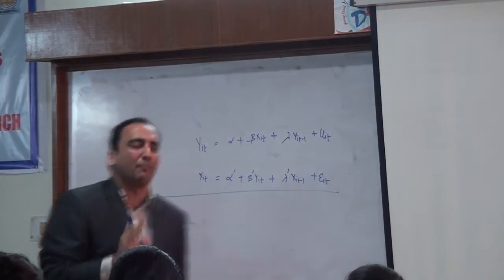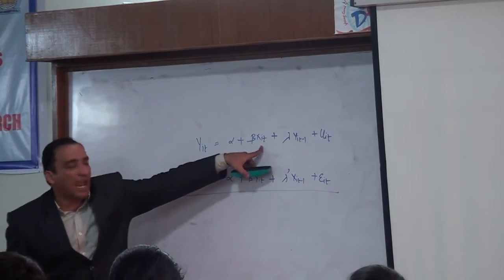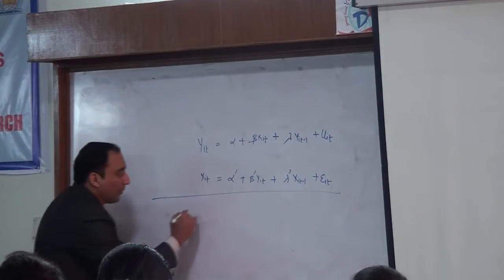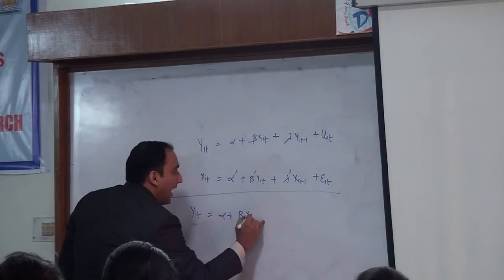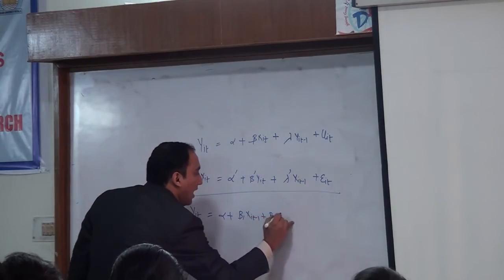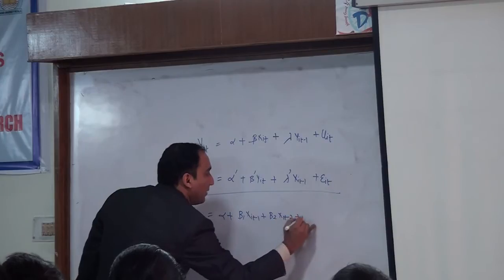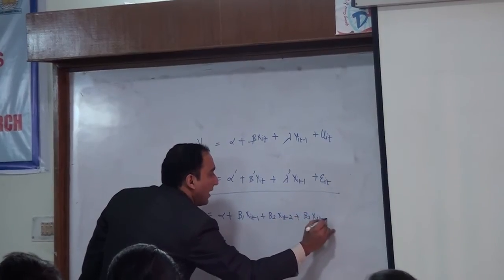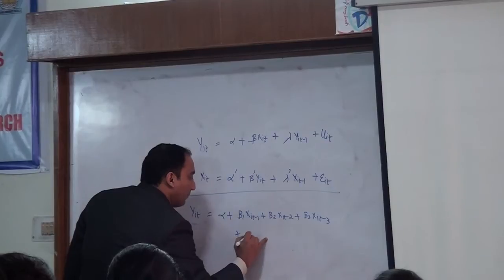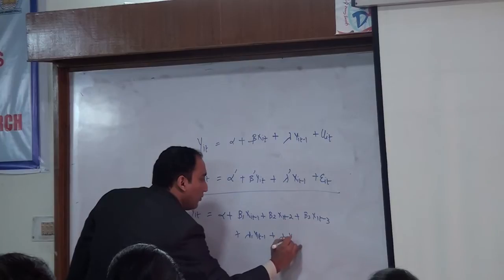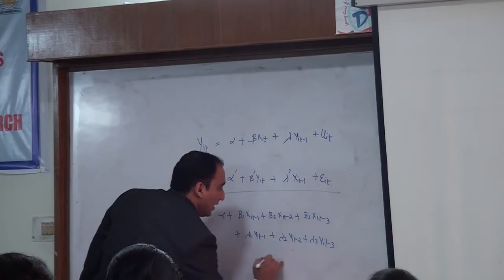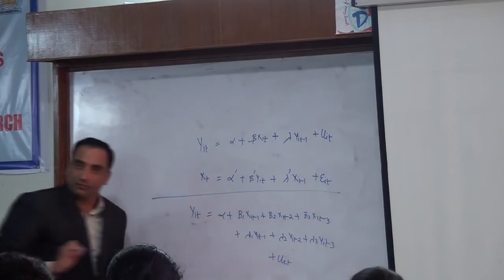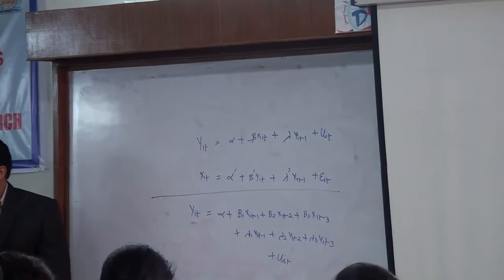Vector autoregression simply means that rather than having only x_1, I can have something like this: y_it equal to alpha plus beta_1 x_it-1 plus beta_2 x_it-2 plus beta_3 x_it-3 plus lambda_1 y_it-1 plus lambda_2 y_it-2 plus lambda_3 y_it-3 plus u_it.